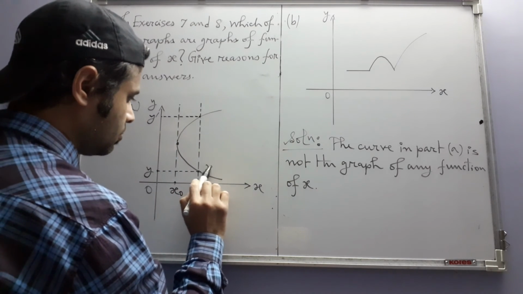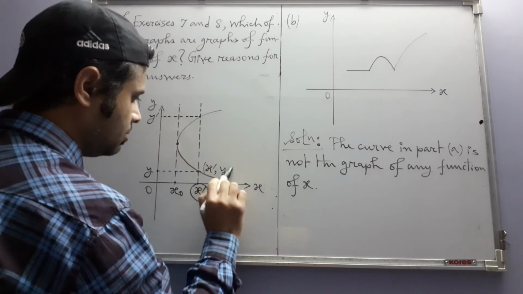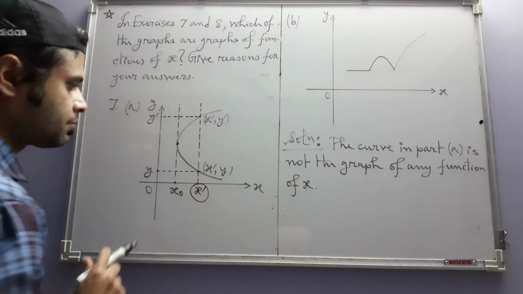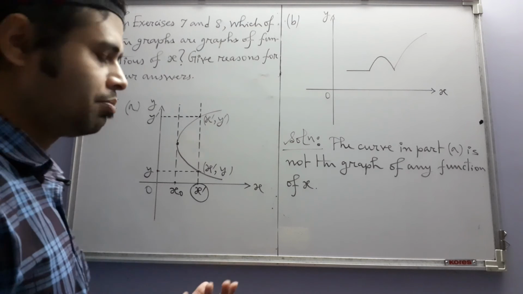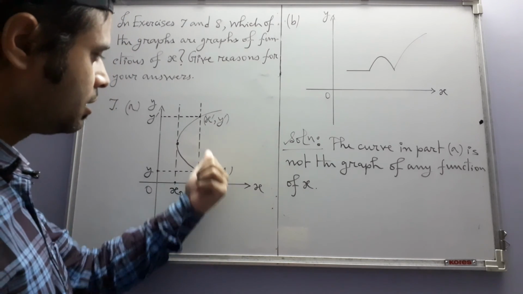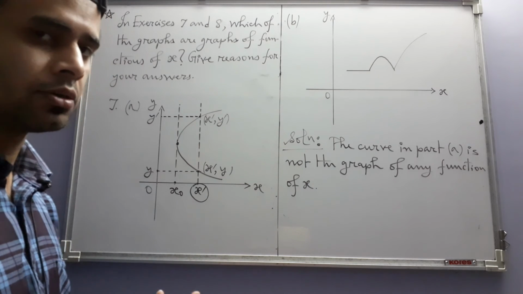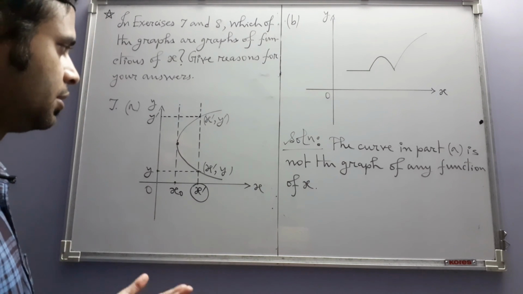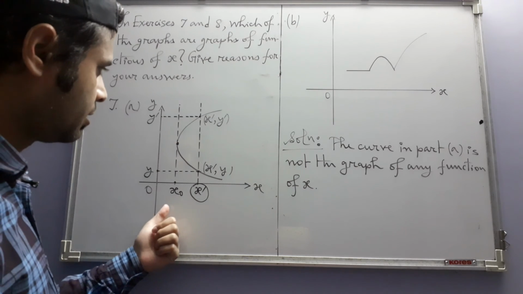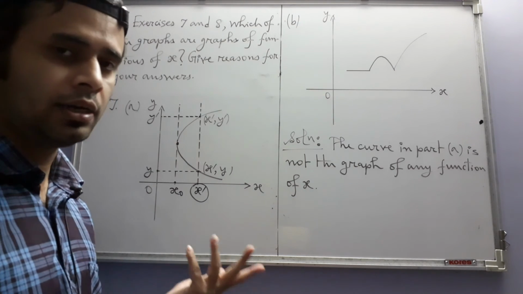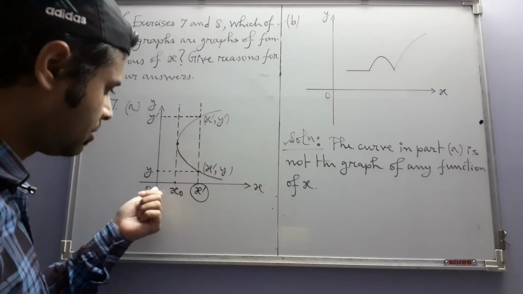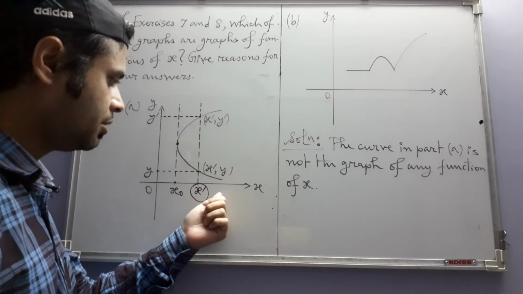So x prime comma y and x prime comma y prime are both points on the curve. So at a single input we cannot have two different outputs. So this curve fails the vertical line test, and as a result it cannot be the graph of any function of x.